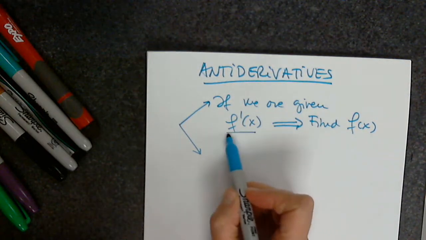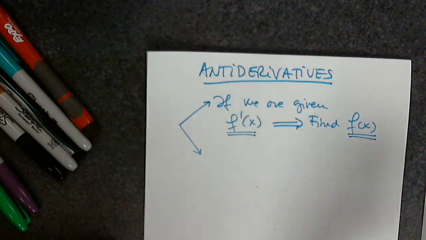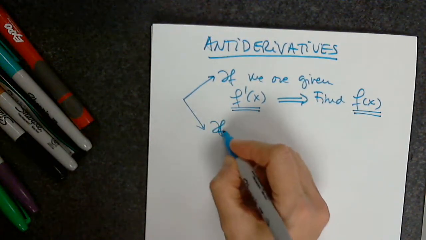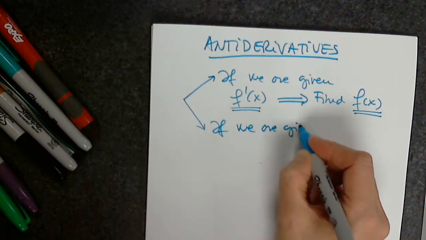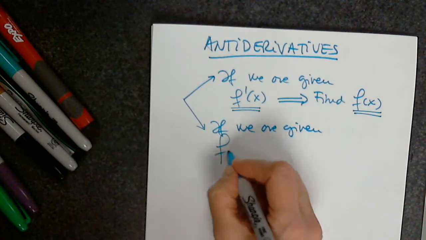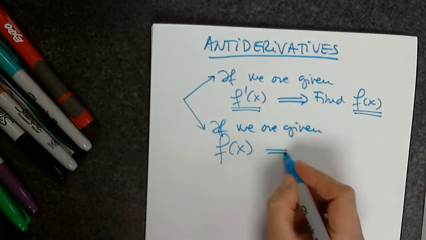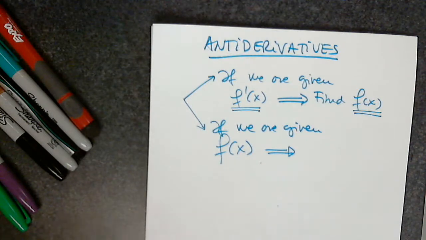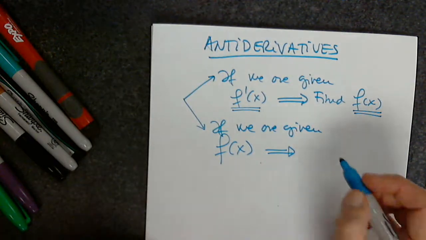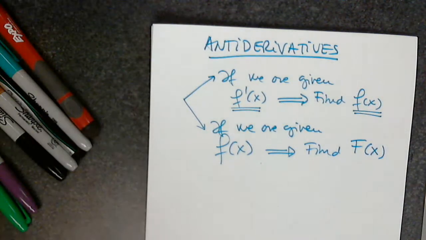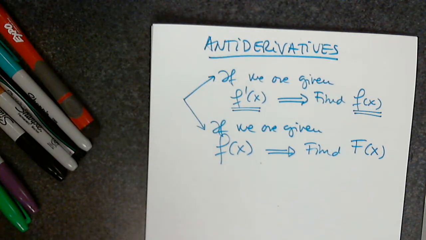And the notation, if this is f prime, this is denoted by f of x. If we are given a function f of x, and we are asked to find the same question, the function whose derivative is f of x, we will be really asked to find, using the notation, the same idea. There is no difference between the two options, but the notation is different.